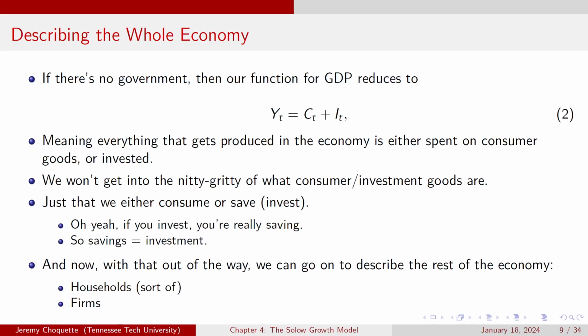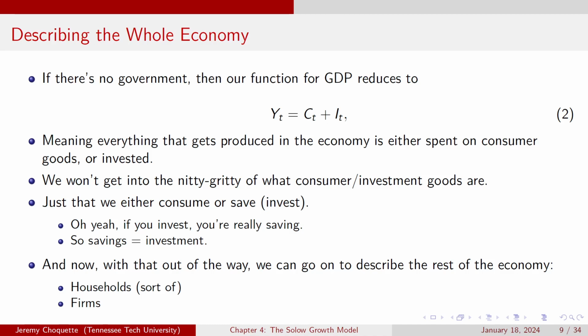So if there's no government, GDP is just Y = C + I, meaning everything that gets produced in the economy is either spent on consumer goods or it gets invested. And I'm not going to get into the nitty gritty of what these consumer and investment goods are. Just think of output as Y. It's just a finished good.